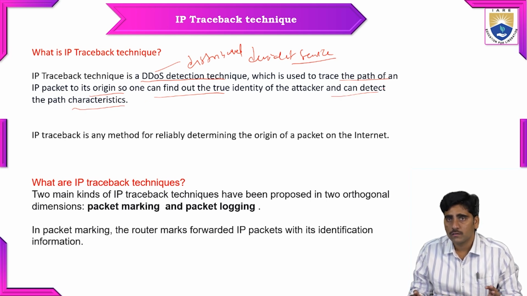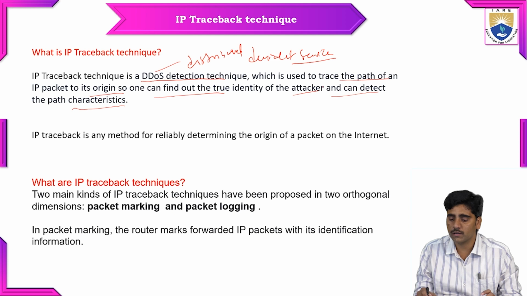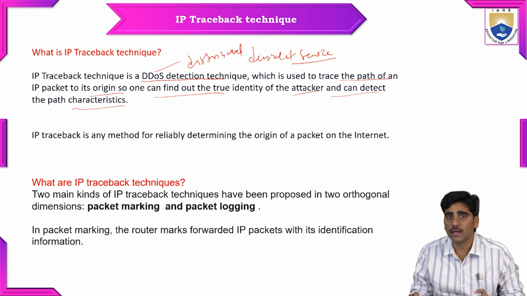So it is a DDoS detection technique, a traceback technique to trace the path of an IP packet to its origin, so that one can find out the true identity of the attacker and can detect the path characteristics.